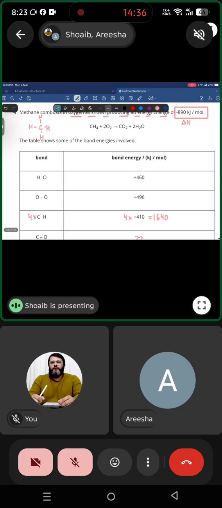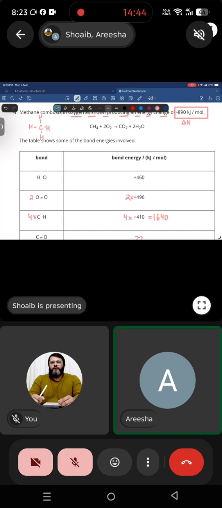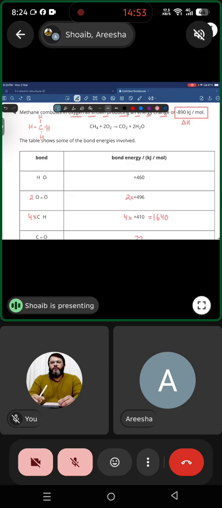Then the oxygen is 2 moles here, so this will be multiplied by 2. What answer will you get here? 992.